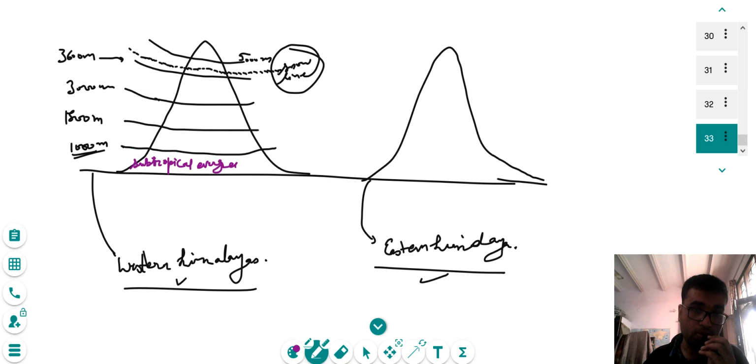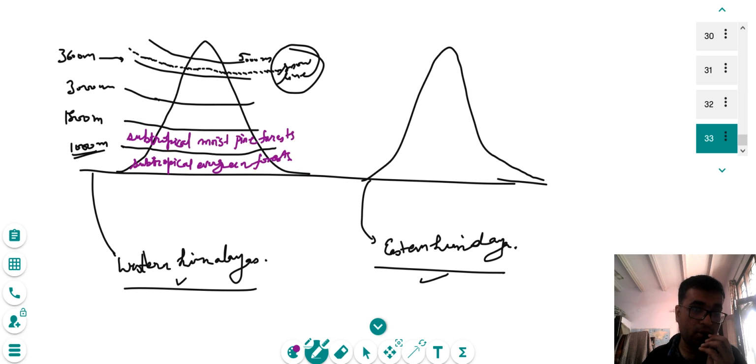From 1000 to 1800 meters you have the subtropical moist pine forests.